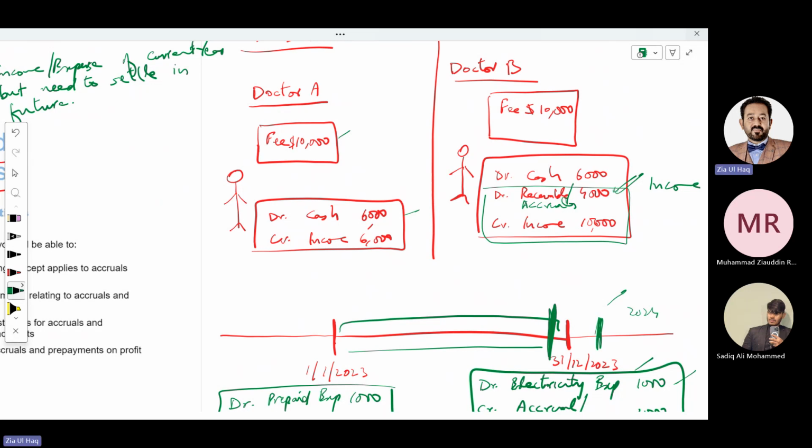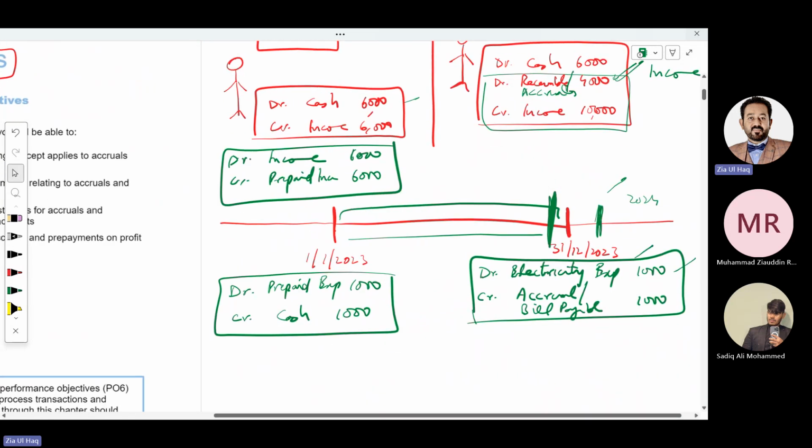So in that case, what he will record is debit income, say 6,000, and credit prepaid income with 6,000. Meaning in case of prepaid expenses, we will debit it because we have paid in advance.